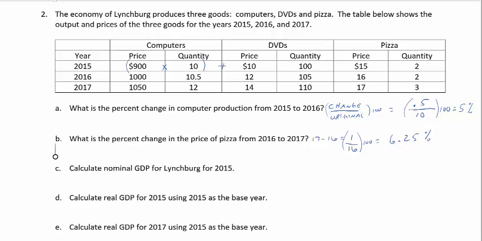Okay, and then we're going to add that to the 100 DVDs times $10 each, and we're going to add that to the 2 pizzas at $15 each. And when we add all that up we get $9,000 worth of computers plus $1,000 worth of DVDs plus $30 worth of pizza, and so that adds up to $10,030. So that's the nominal GDP for 2015.